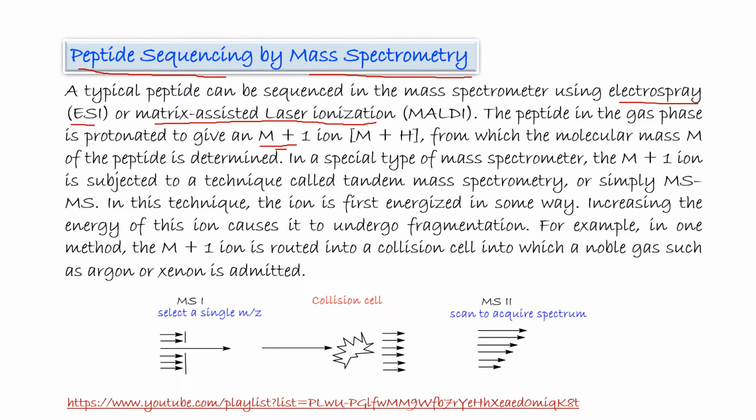In a special type of spectrometer, this ion can be selected and subjected to a noble gas such as argon or xenon with high energy and high speed, so this ion will get fragmented. From the fragments and computer-assisted programs, we can actually see the slices of the amino acid units.